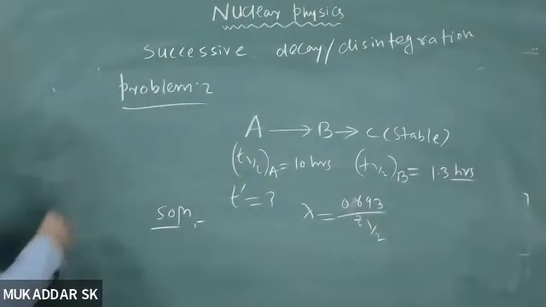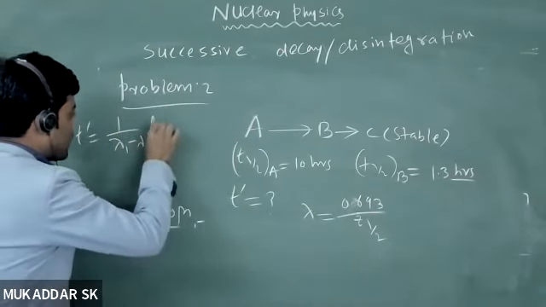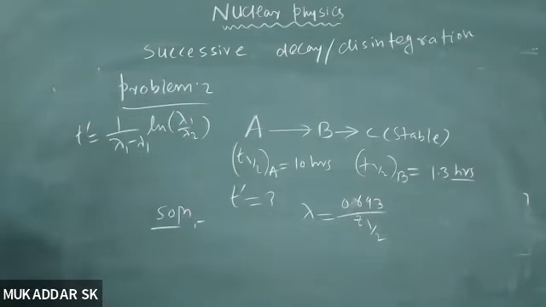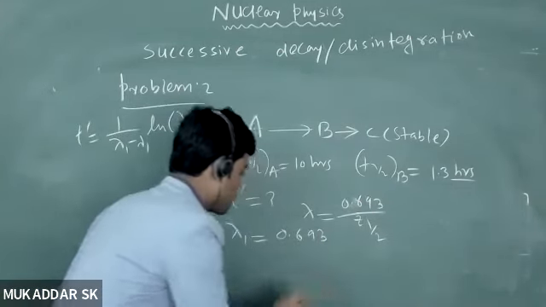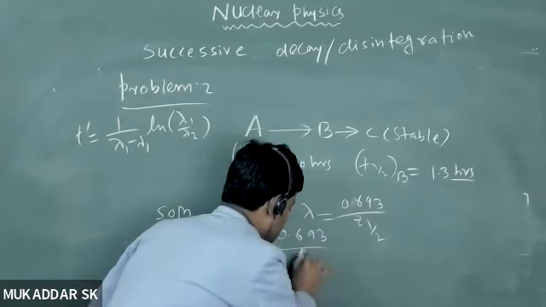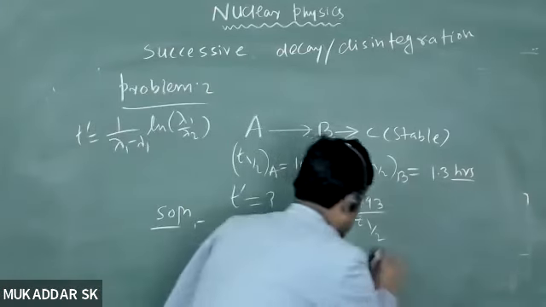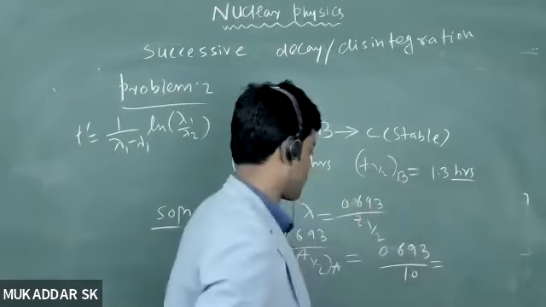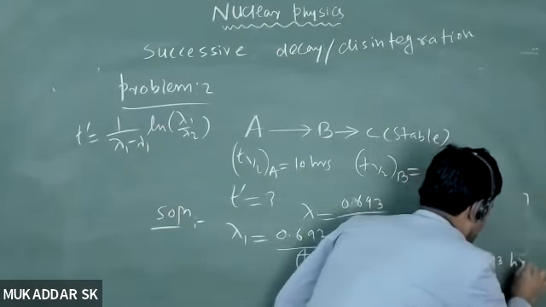And I know the expression for T dash at which the intermediate nuclei will be maximum, that is 1 by lambda 1 minus lambda 2 ln lambda 1 by lambda 2. So lambda 1 is nothing but 0.693 divided by the half-life of A nuclei, which is 10 hours, so it will be 0.0693 per hour.